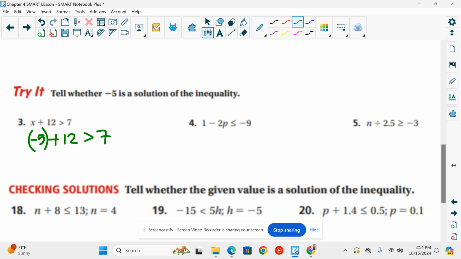After I substitute, I'm going to simplify. What is negative 5 plus 12? 7. Can 7 be greater than 7? They're equal, so can it be greater? No. So is this a solution? No. Doesn't work.